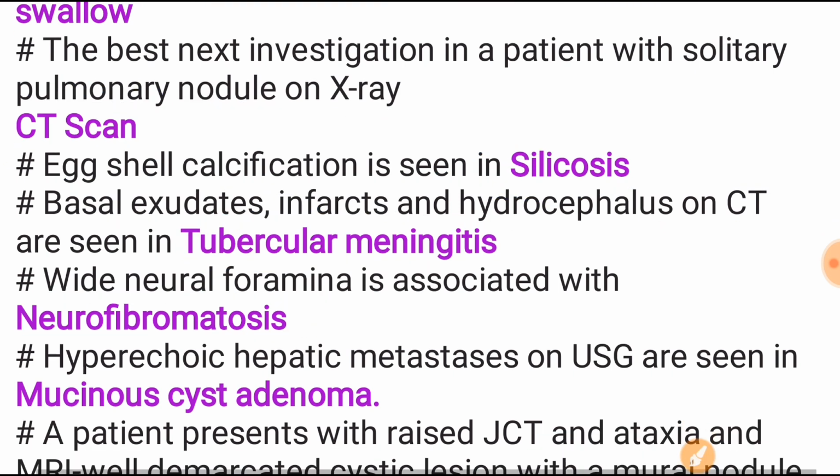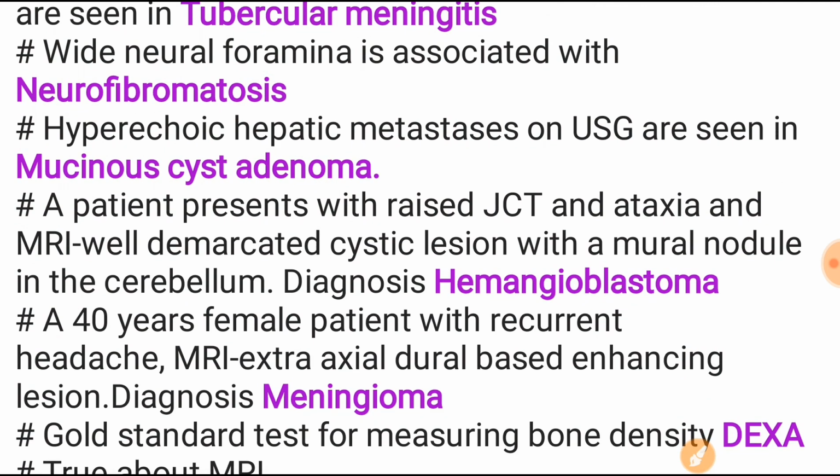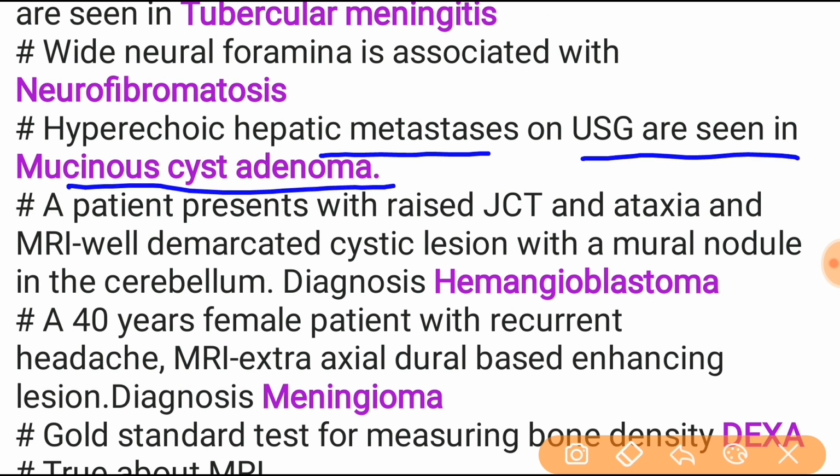Next is hyperechoic hepatic metastasis on USG, seen in mucinous cystadenoma. Next, a patient presents with raised intracranial pressure and ataxia, and MRI shows a well demarcated cystic lesion with a mural nodule in the cerebellum.